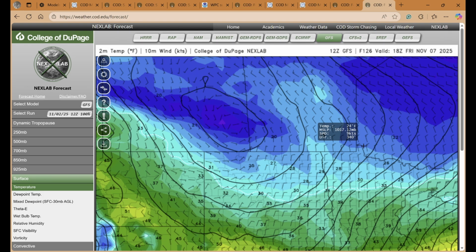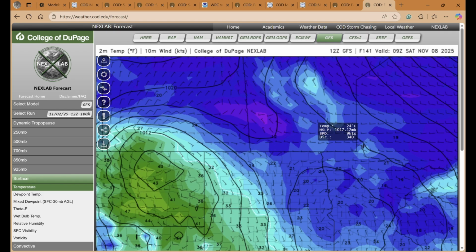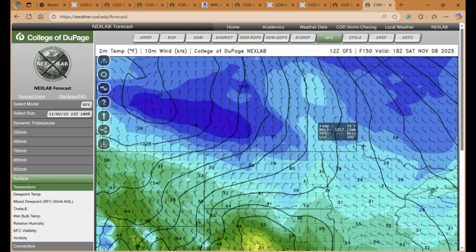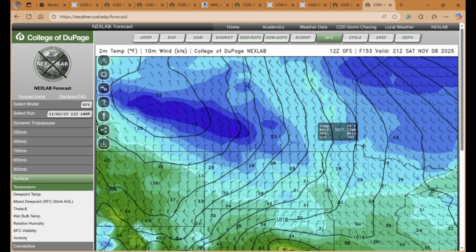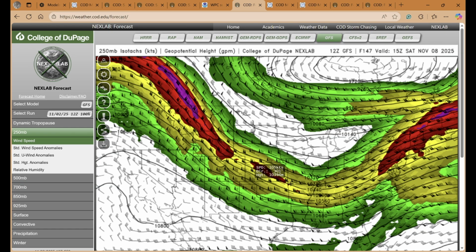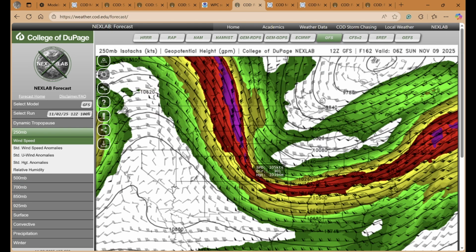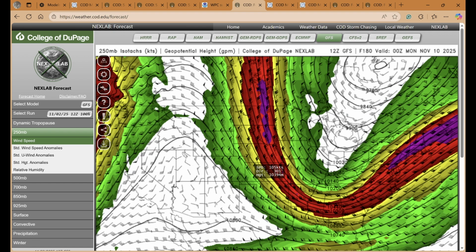Similar temperatures to Friday, maybe a little bit more warm advection from the south as this system moves by. And Saturday, it's literally the same picture, maybe a high of like 33, 34. So yeah, it's kind of a blah week, just not a whole lot going on.